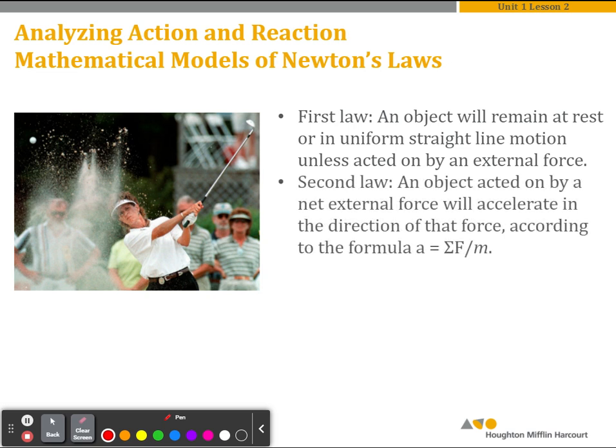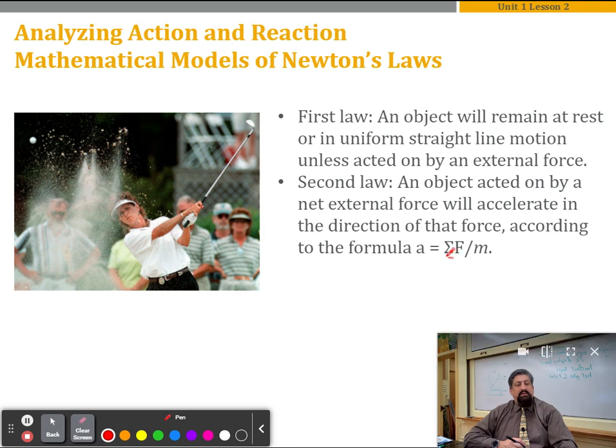Newton's second law says an object acted on by a net external force will accelerate in the direction of that force according to the formula a equals sigma F over m. This letter is sigma, and it means the total, the net force. So the acceleration equals the net force divided by the mass.